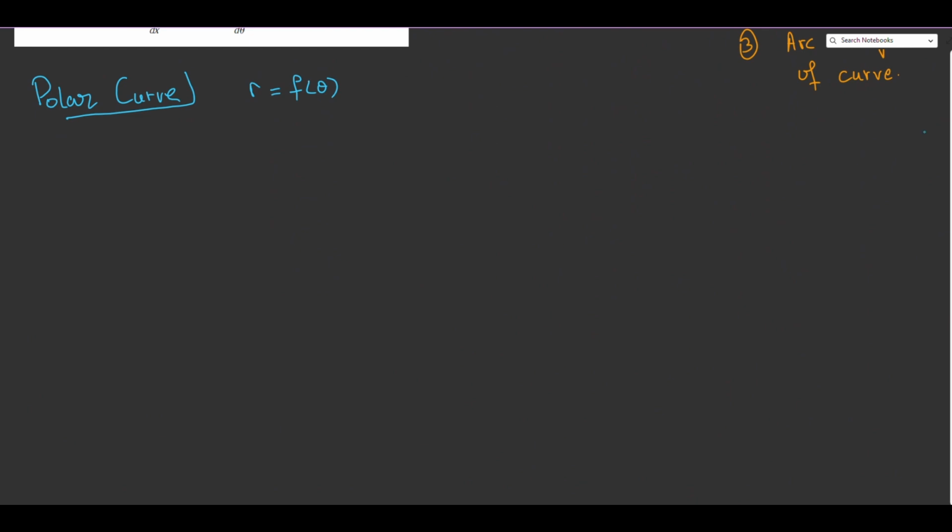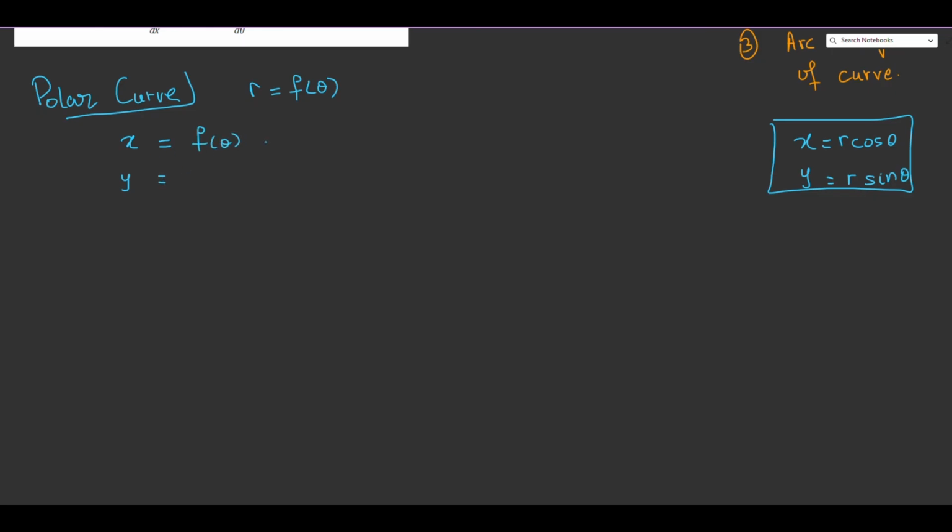Then we get two parametric equations: x equals f of theta multiplied by cosine of theta, and y equals f of theta multiplied by sine of theta.